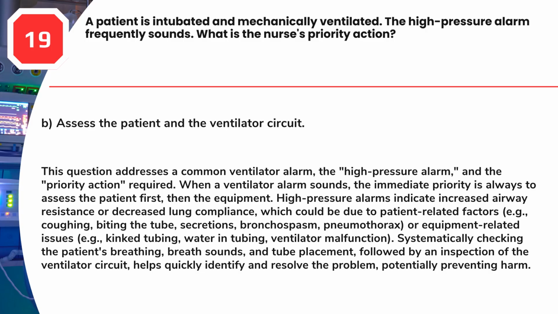High-pressure alarms indicate increased airway resistance or decreased lung compliance, which could be due to patient-related factors, e.g., coughing, biting the tube, secretions, bronchospasm, pneumothorax, or equipment-related issues, e.g., kinked tubing, water in tubing, ventilator malfunction. Systematically checking the patient's breathing, breath sounds, and tube placement, followed by an inspection of the ventilator circuit, helps quickly identify and resolve the problem, potentially preventing harm.